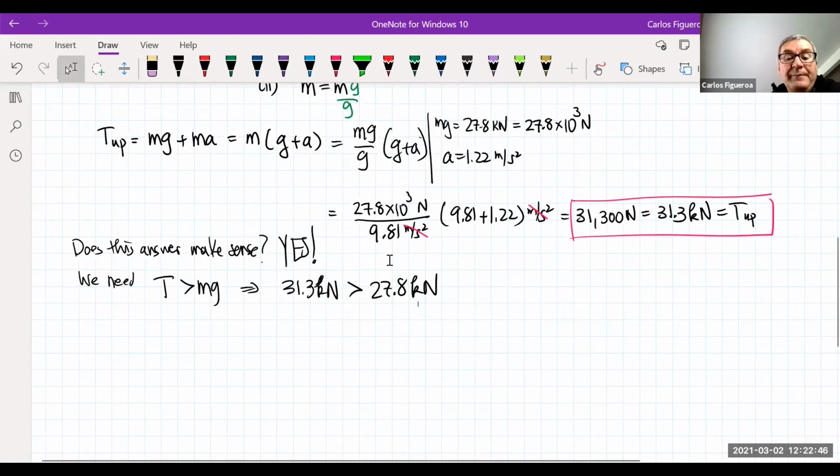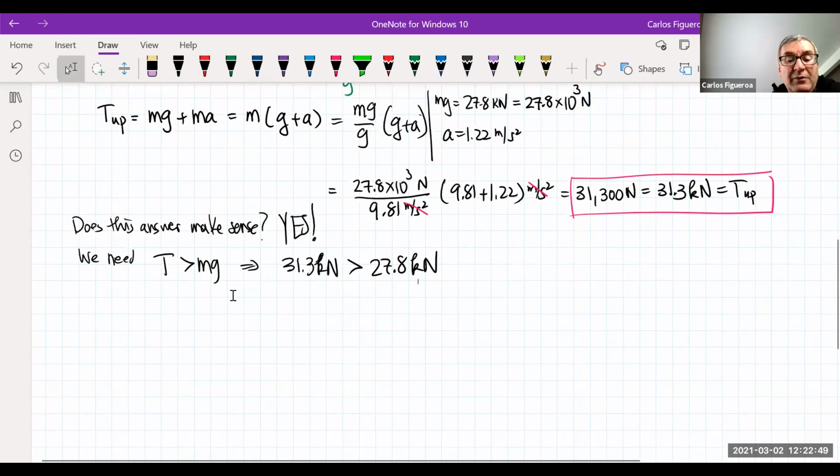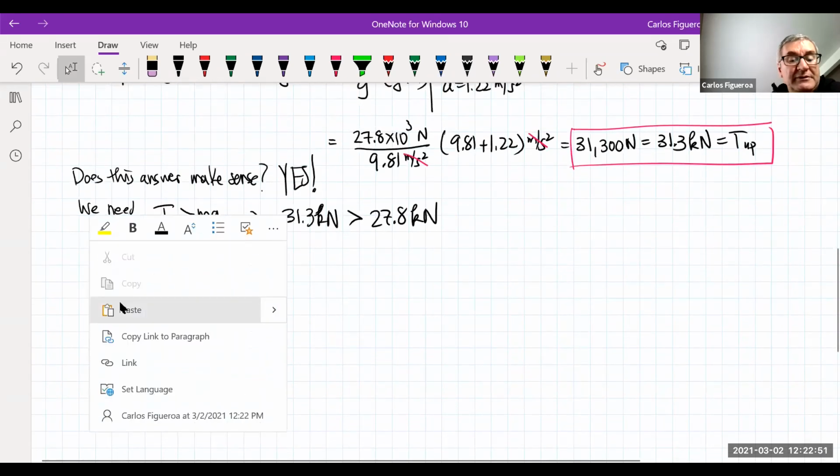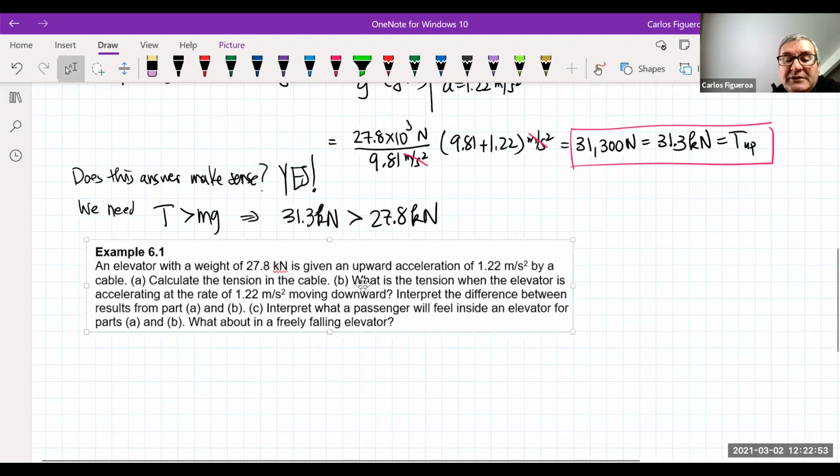So here we go. Now I want to look at the next piece. The next piece says, what is the tension when the elevator is accelerating, moving down?